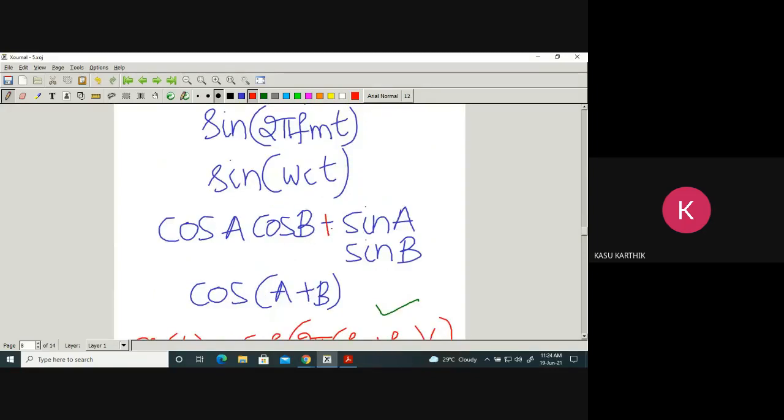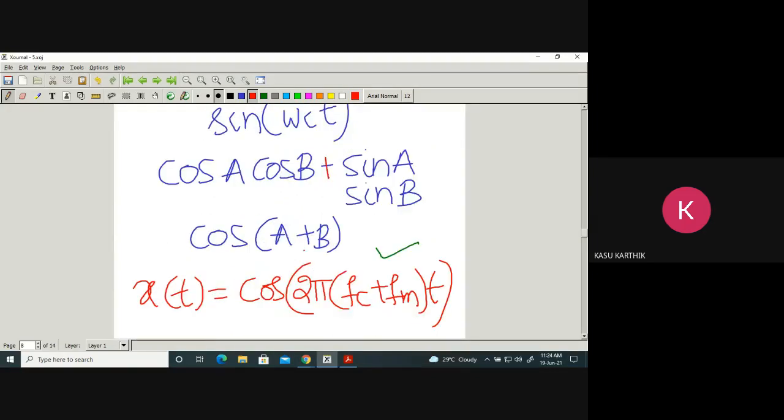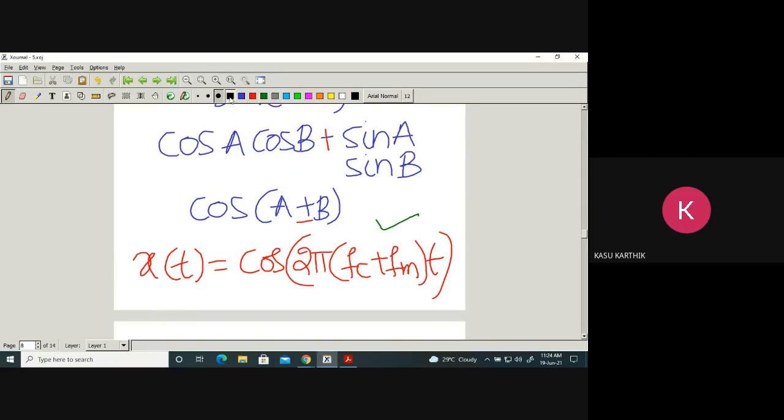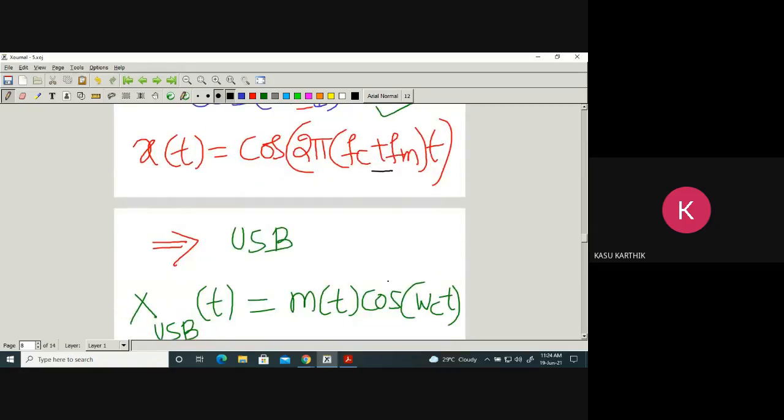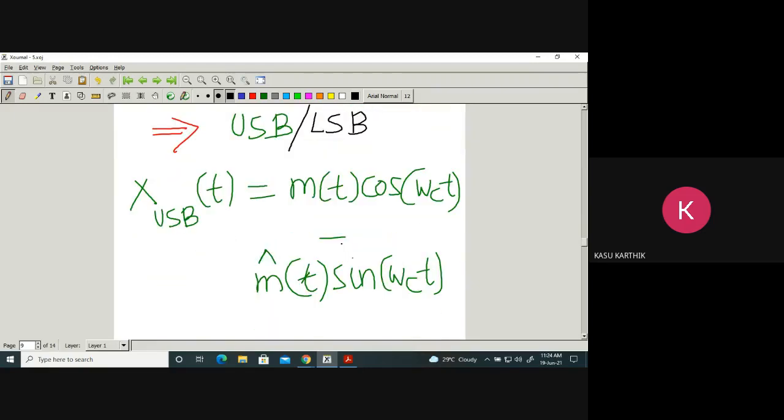Cos A cos B plus sin A sin B is what? Cos (A minus B). What happens? This becomes minus. If that is minus, what does it become? Lower sideband. Okay, please remember, earlier it became plus, the upper sideband.